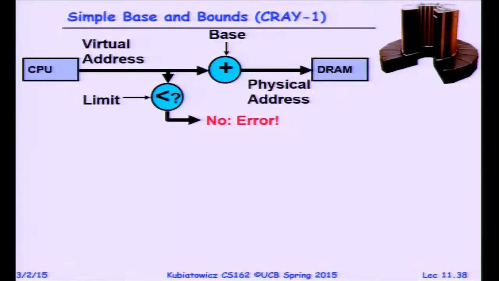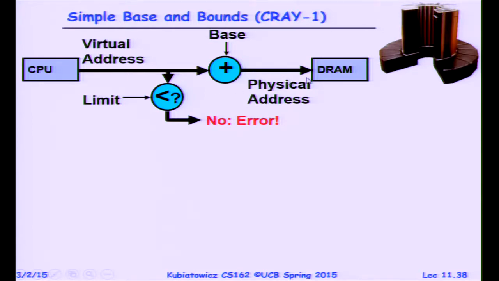Okay, good. And so here was a very simple change on what I showed you earlier with base and bound. This showed up in the original Cray 1, and we already talked about this earlier in the term: the virtual addresses come out of the CPU, we add a base to them to get our physical address, and we have a limit to check, and if the CPU's virtual address is bigger than some number, we have an error.